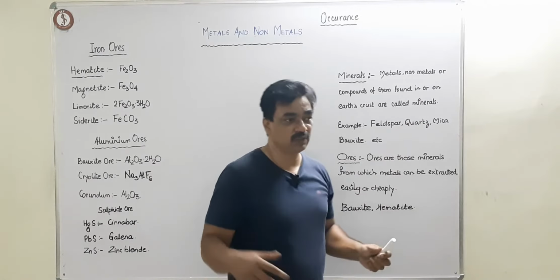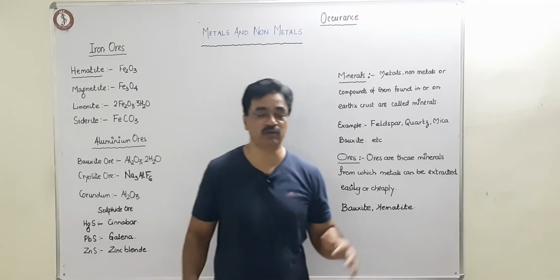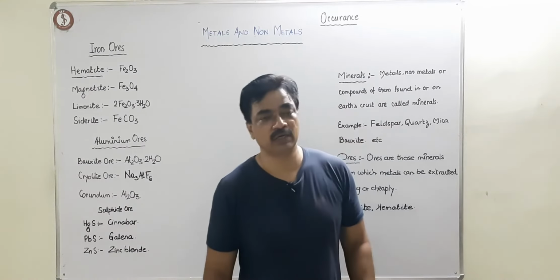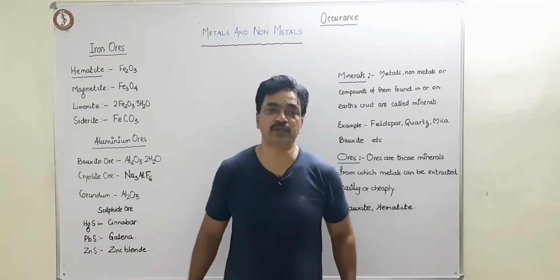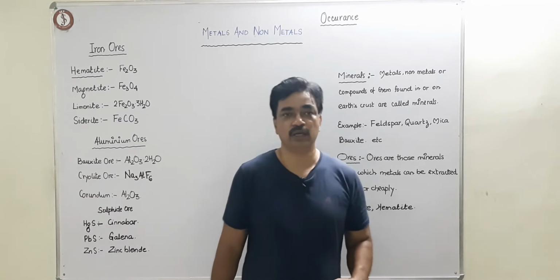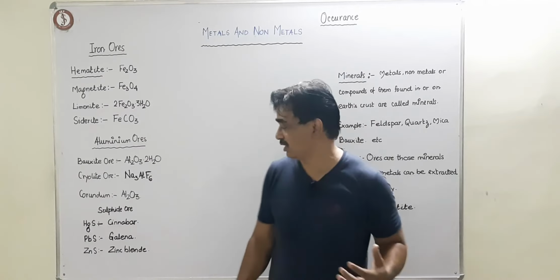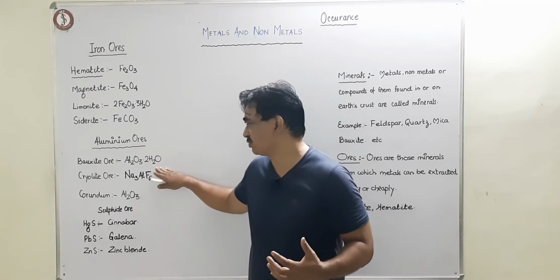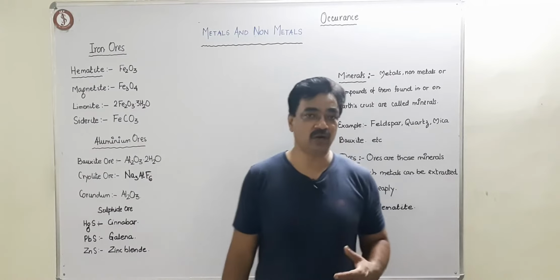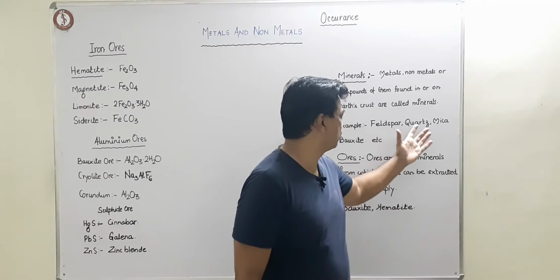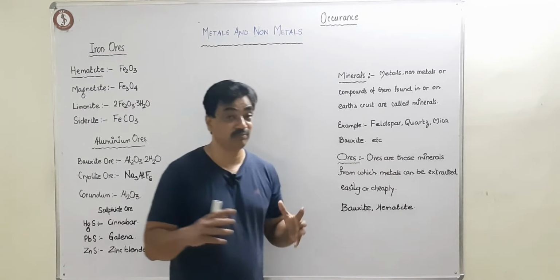So minerals will mainly be compounds of metals. If we look at the topic of our concern, metals are normally found as compounds of metals. For example, bauxite is Al2O3 into 3H2O. So bauxite is one of the minerals, and then we have feldspar, quartz, mica, and bauxite. All of them are minerals.